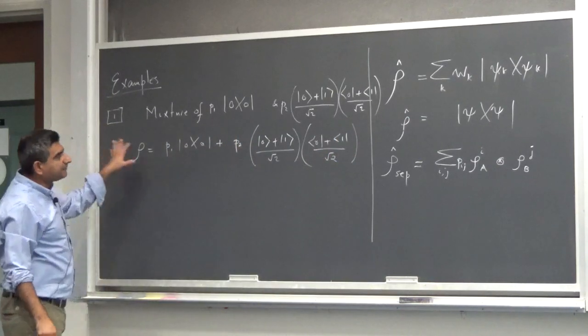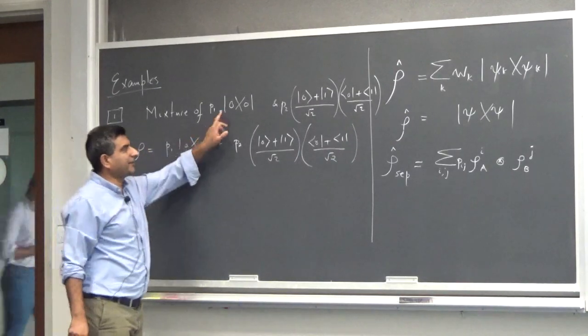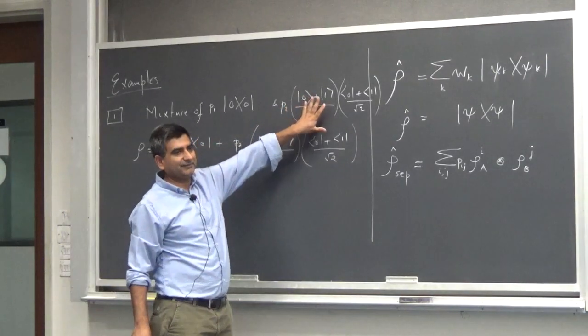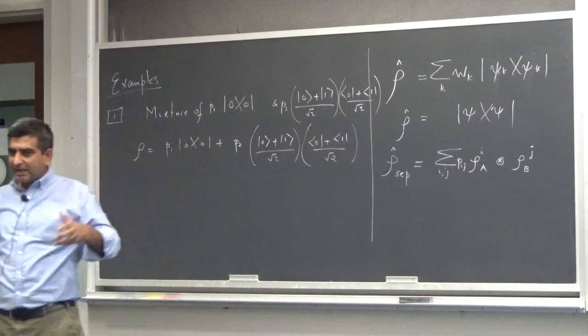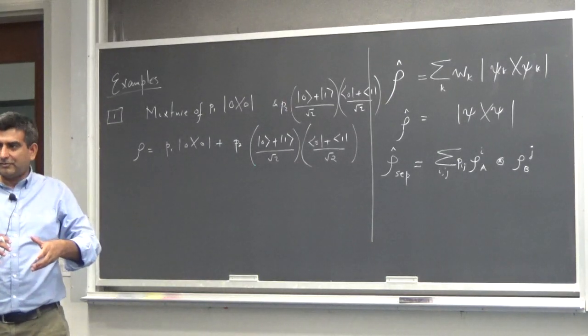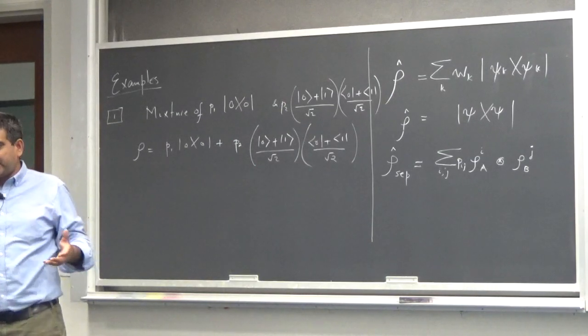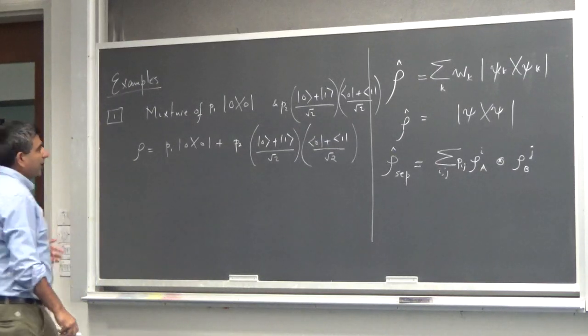Alright, this is absolutely different from ket 0 plus this ket. So it's not a sum of two kets, it's a sum of two density operators to form a new density operator, which is now a mixed state. So it's not a coherent superposition.